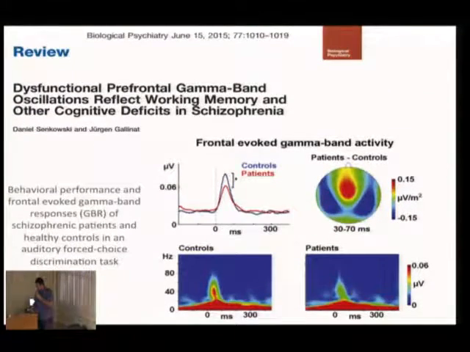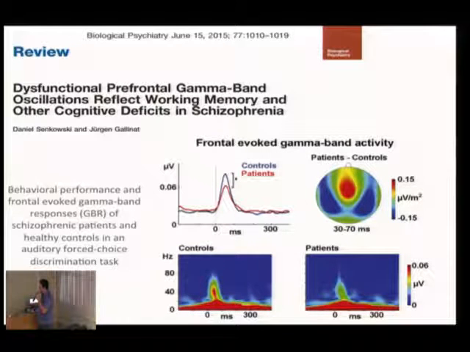So actually, if you treat some healthy person with ketamine, you will see enhancement of gamma oscillations. But also in schizophrenia, in patients with schizophrenia, it has been reported that there is a reduction in the evoked gamma oscillations.